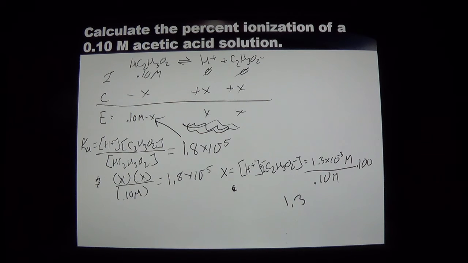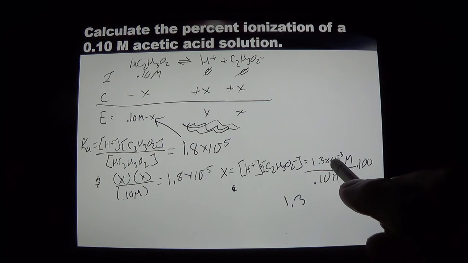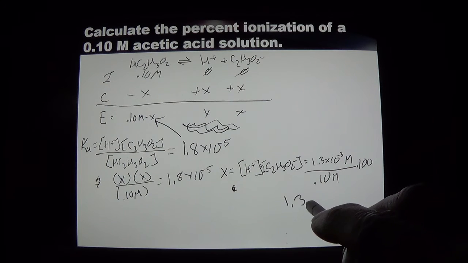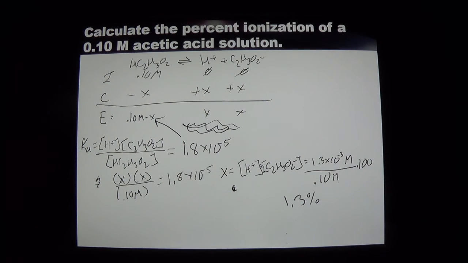Okay. So that divided by that times 100 is 1.3, flat out 1.3%. Okay, rounding the 4 down, it says the 3 stays the same. There we go. So 1.3%.